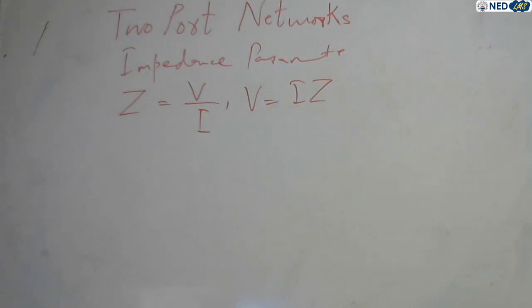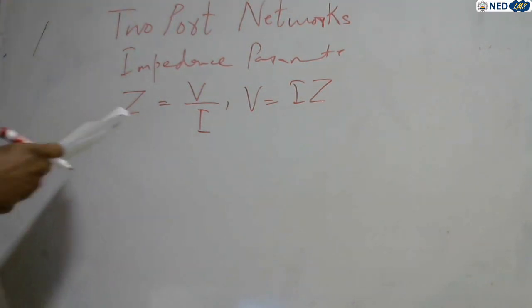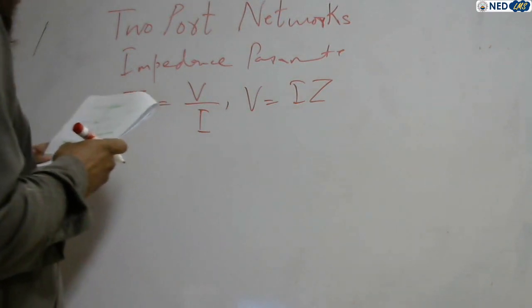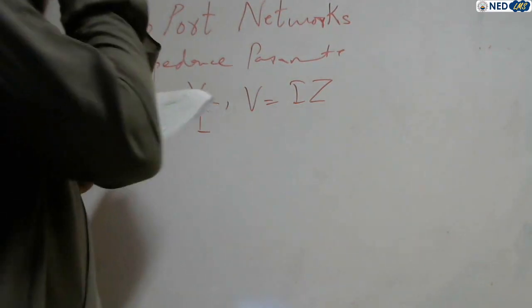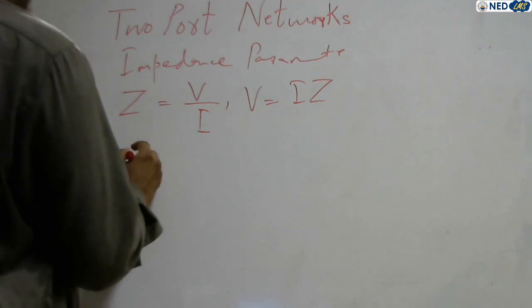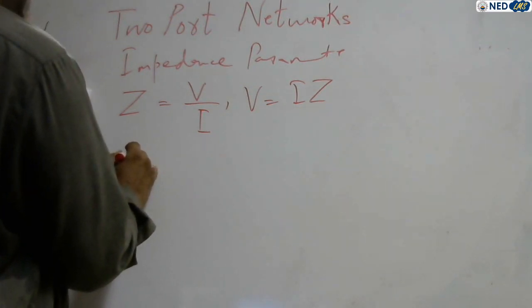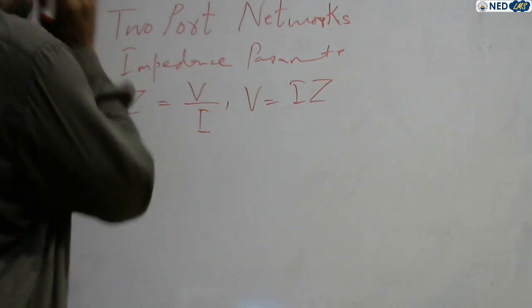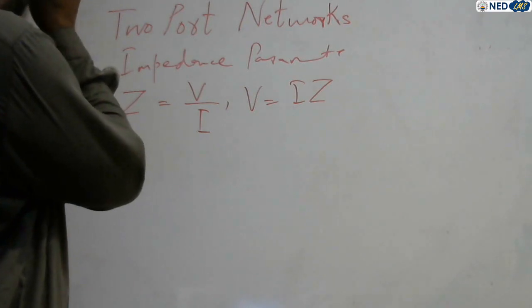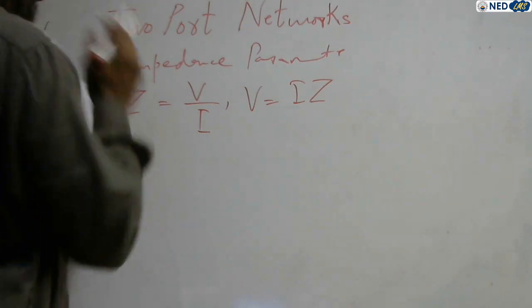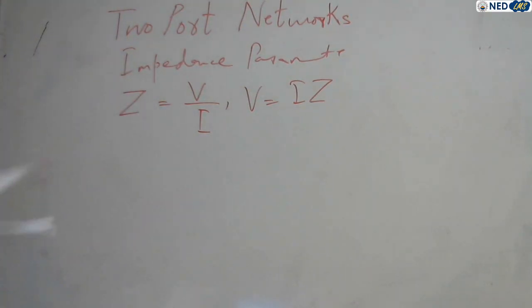So let's start from impedance parameters, by considering a generally two-port network. Actually, we have to connect a voltage source across it, right? First we draw the general circuit.